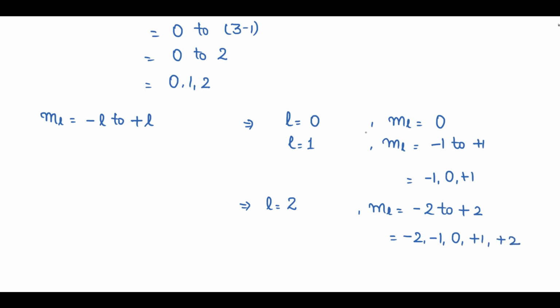So you can clearly see that for n equal to 3, l can be 0 and m_l can also be 0. Meanwhile, we have only two values of spin quantum number, plus half and minus half, and for this question we have m_s equal to plus half. That means this set of quantum numbers is possible.